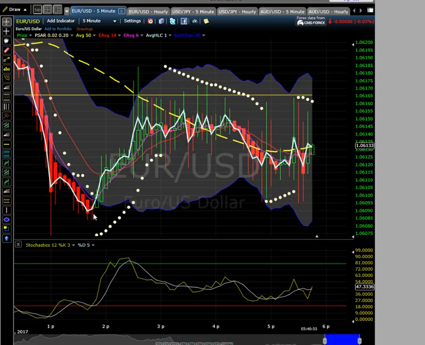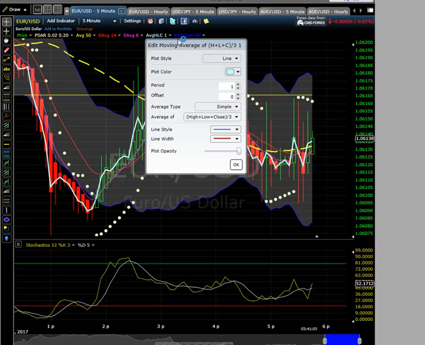So right here, you'll see this purple EMA 6, right? And this blue line, I have it set as a line.